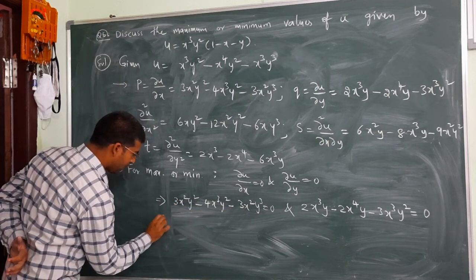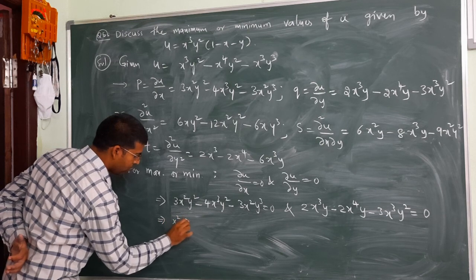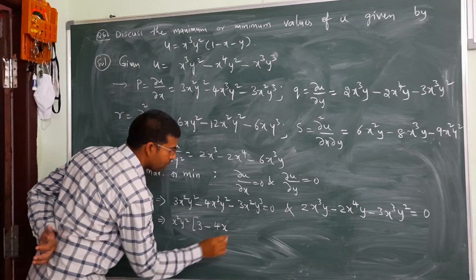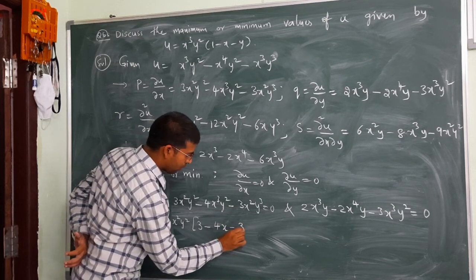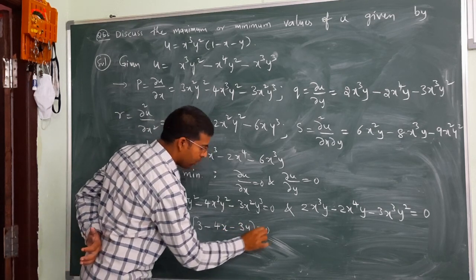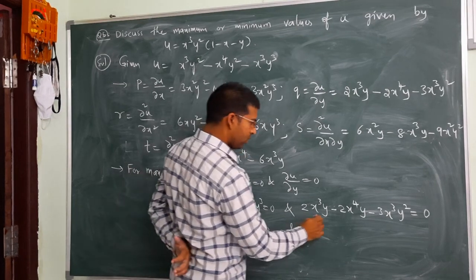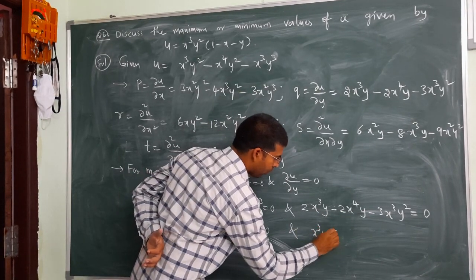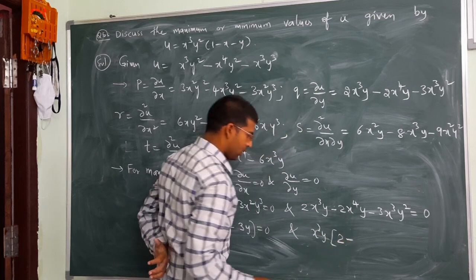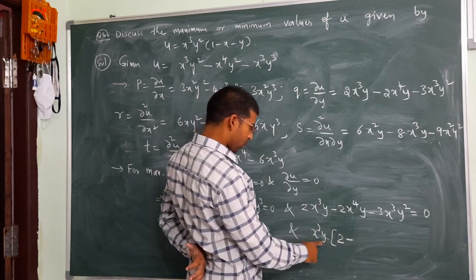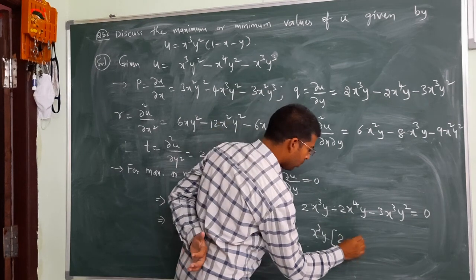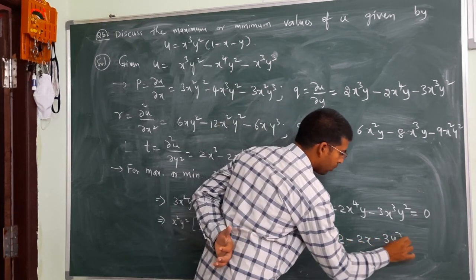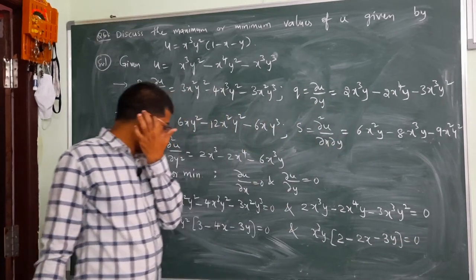So if I take x²y² outside, what am I getting? 3 minus 4x minus 3y. Am I clear? In a similar way, what is common here? x³y is common. 2 minus 2x minus 3y equal to 0, right sir?